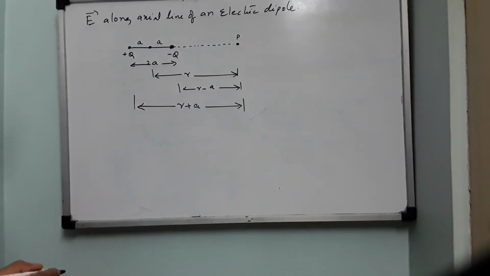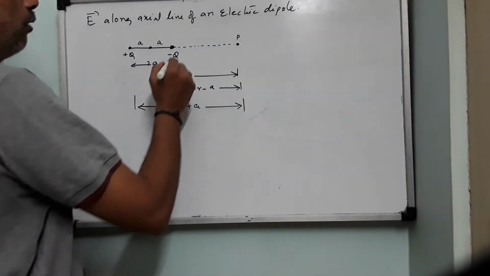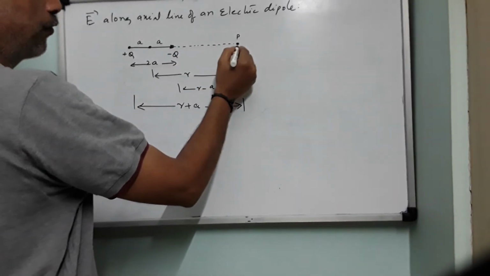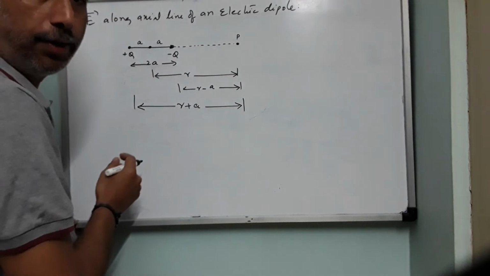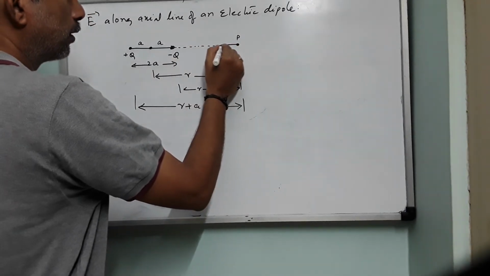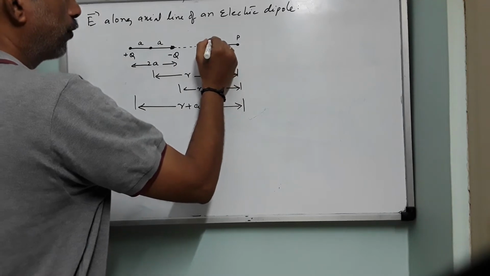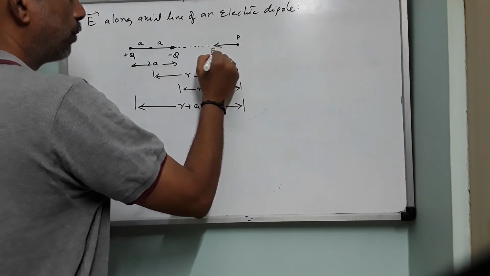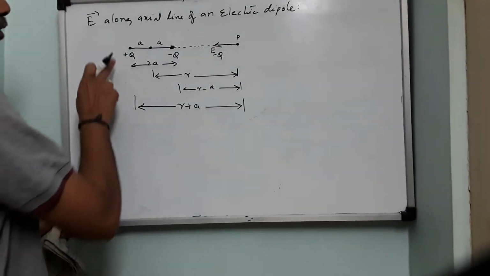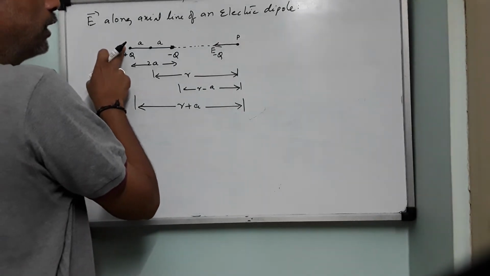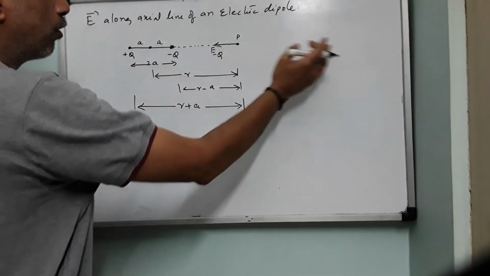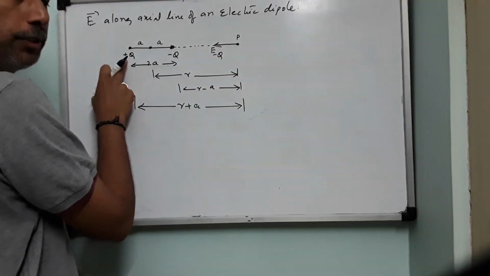Minus q, being a negative charge, produces electric field at point P radially inwards. Radially inwards means it is like this. So this is the electric field due to minus q. At the same time, plus q also produces electric field at point P, but radially outwards because this is a positive charge.